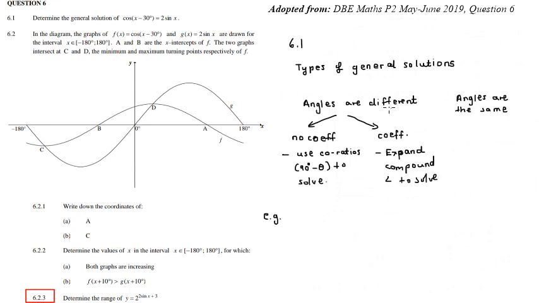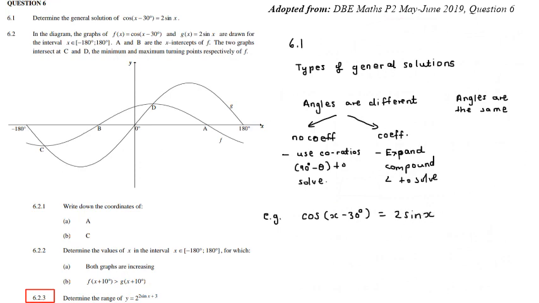An example of the second case, where your angles are different but you have coefficients, is exactly this case that we have over here. So cos of x minus 30 degrees is equal to 2 sine of x.